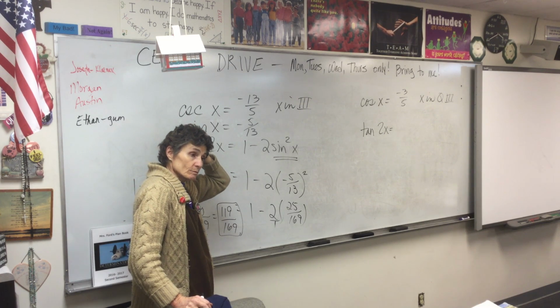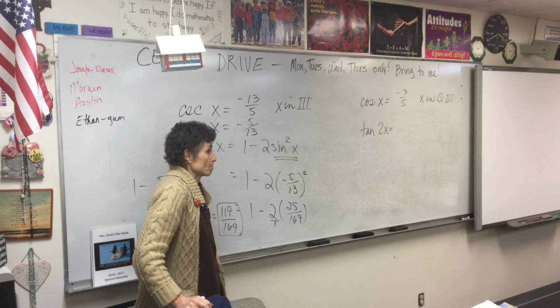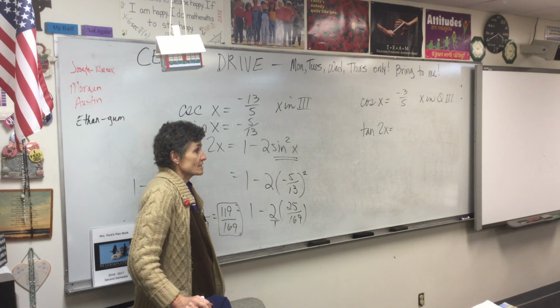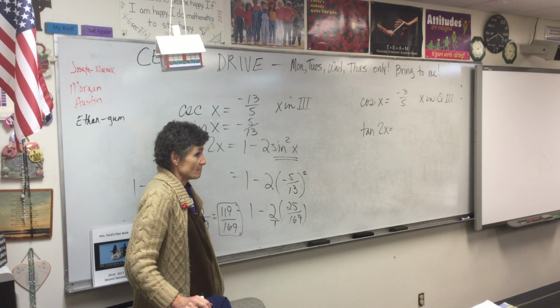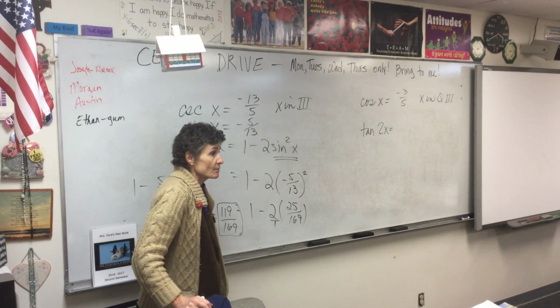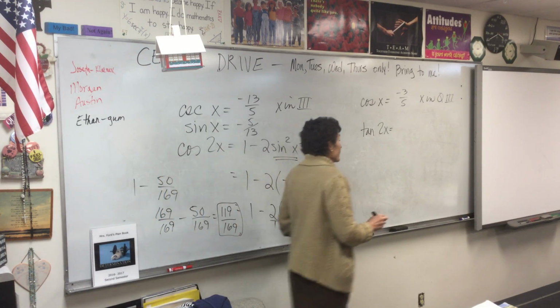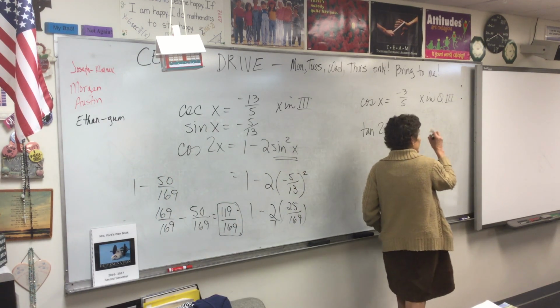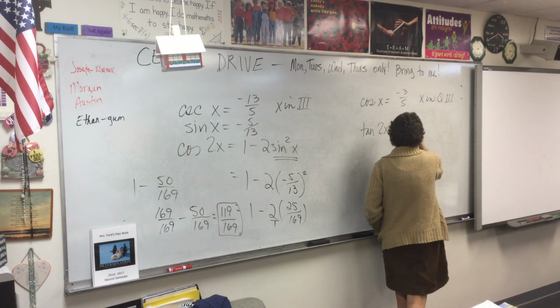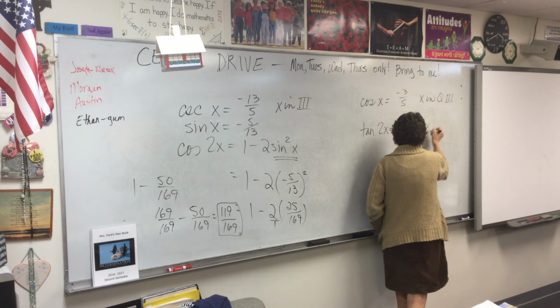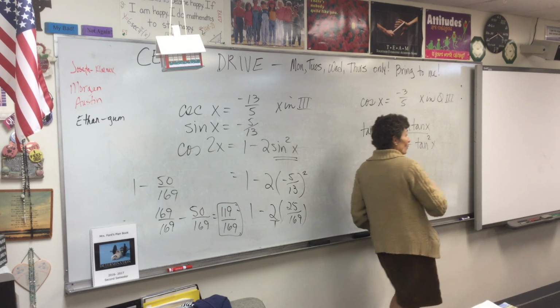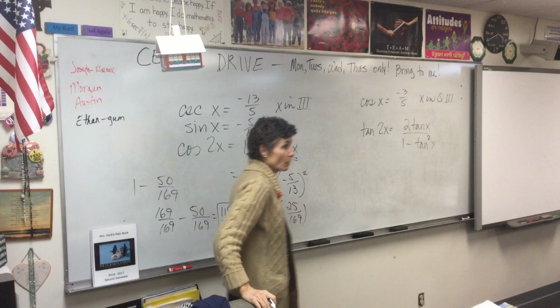So, what needs to be done? Cassie's looking at a green sheet. That's what needs to be done, because you need a formula. There's a formula for the tangent of 2x. What is it? There's only one. 2 tan over 1 minus tan squared. So there's the formula we're going to use to do the problem.